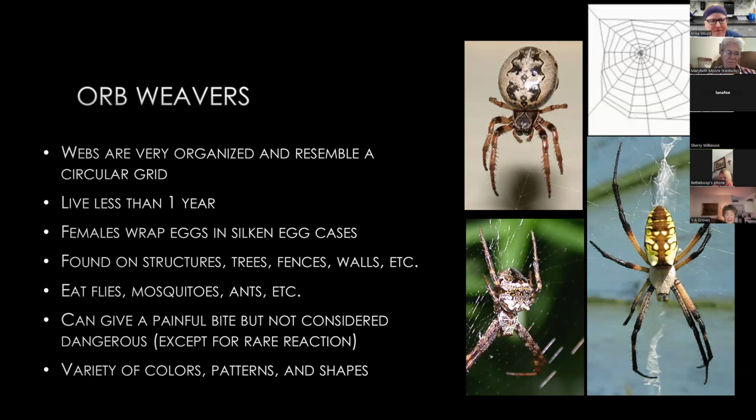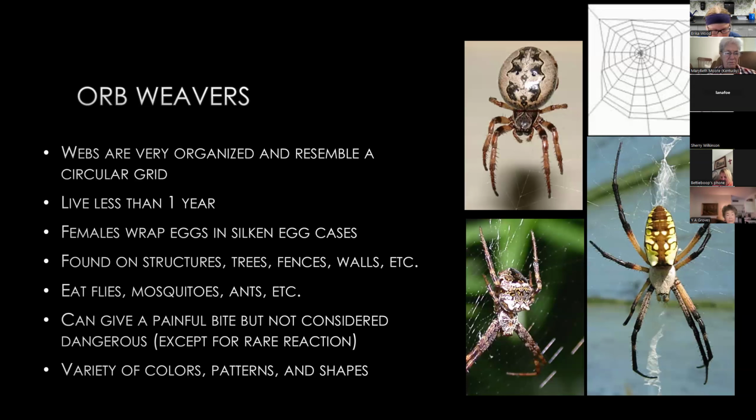When it comes to reproduction, the female orb weavers are going to wrap the eggs in a protective case, like the cellar spiders, these little silken egg cases that you'll see. They are going to eat just about any kind of insect, mosquitoes, ants, flies, whatever is going to get trapped in their web.